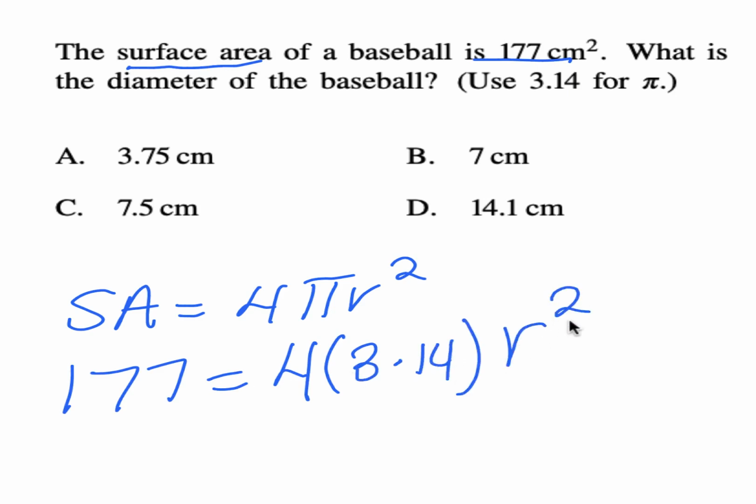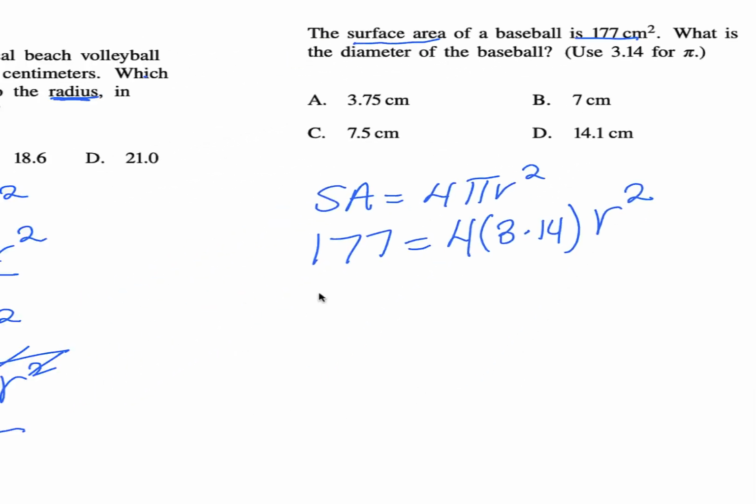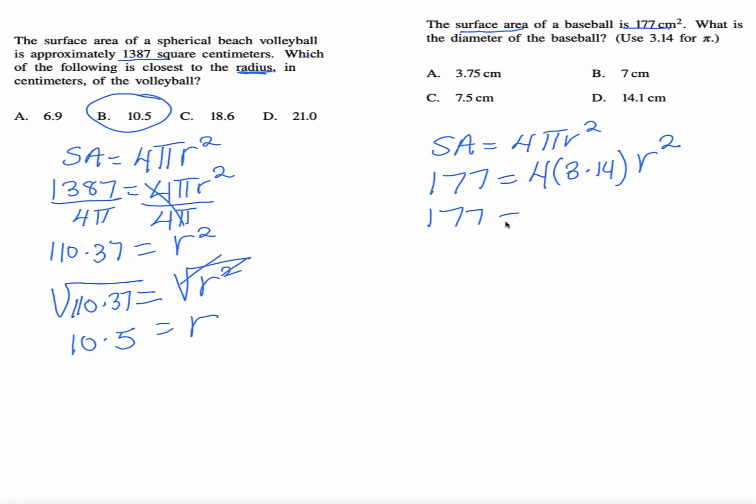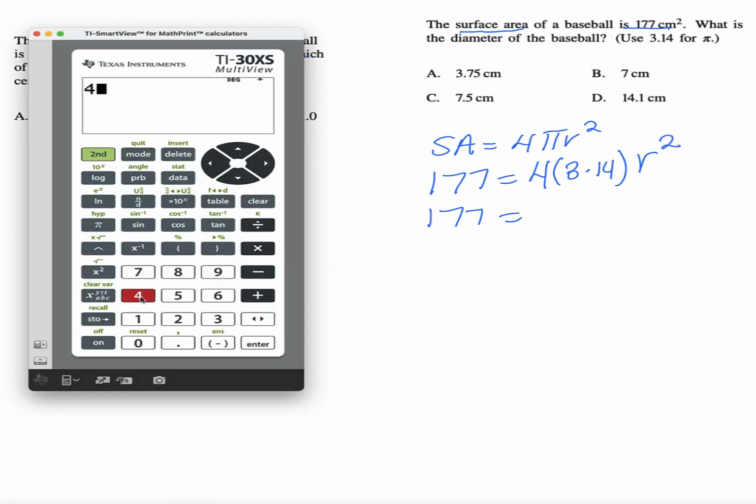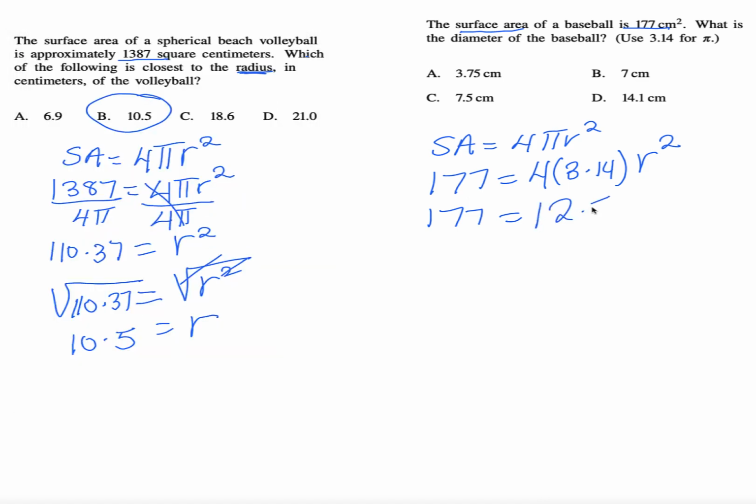And there's your r squared. So this is 177 equals 4 times 3.14. When we multiply those, I get 12.56 r squared. Solving for r, I'm going to have to divide both sides by 12.56. This cancels, leaving you with r squared.